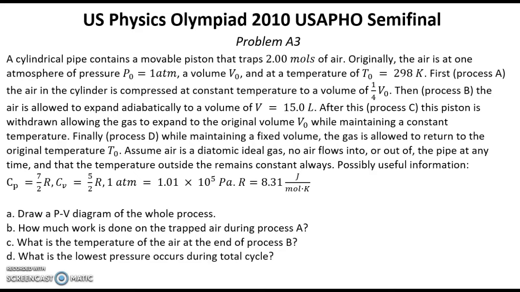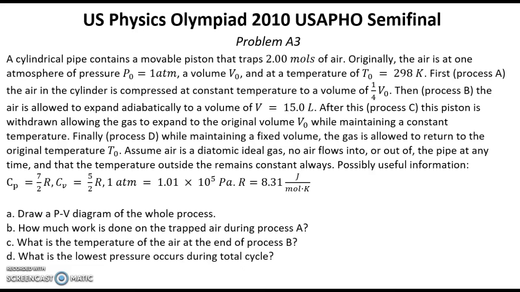First, process A. The air in the cylinder is compressed at constant temperature to a volume of 1/4 V0. Then, process B. The air is allowed to expand adiabatically to a volume of V equal 15 liters.